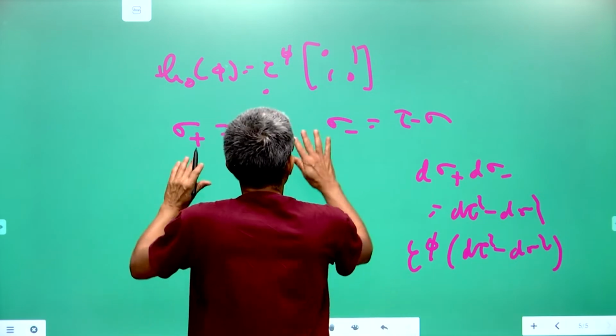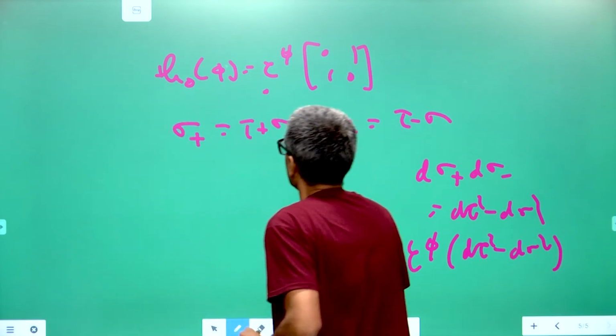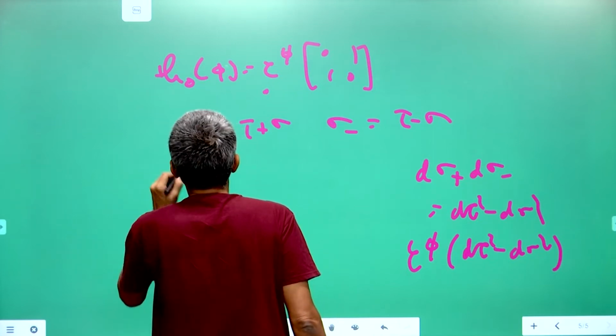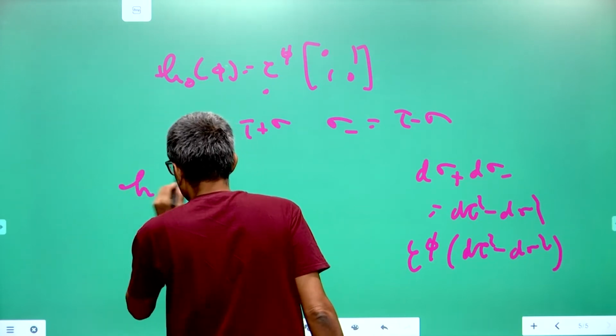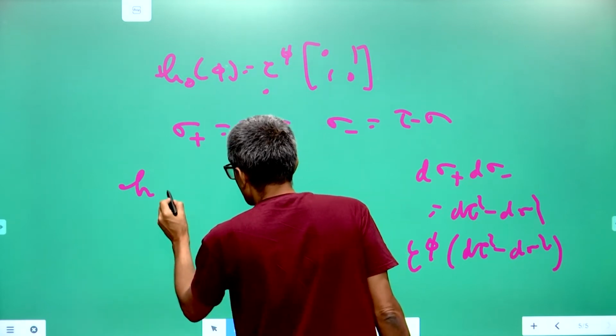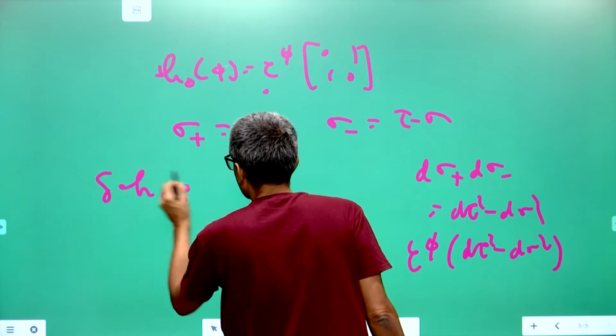Now, by applying reparametrizations, let us say you start with some metric h and you apply a reparametrization, then what will h change to? H alpha beta will change by the Killing form.